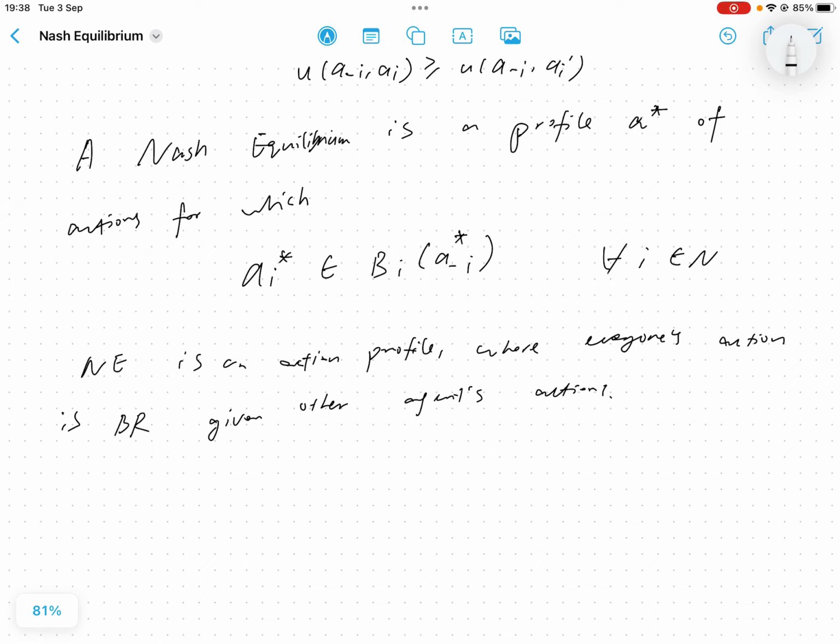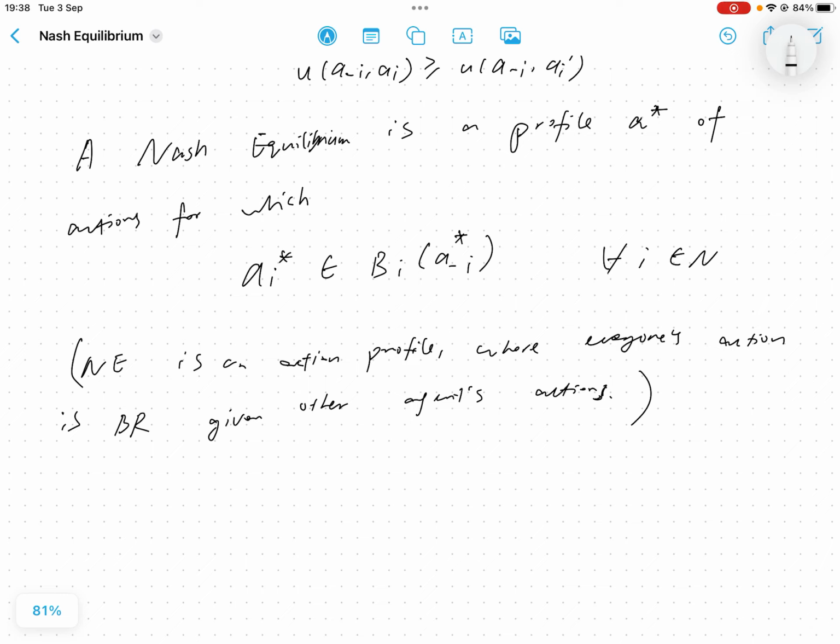Those other agents' actions in turn are also the best responses of their own, right? So they're simultaneously best responses of each other's actions. So that's the definition, or this is also an interpretation of the Nash equilibrium.